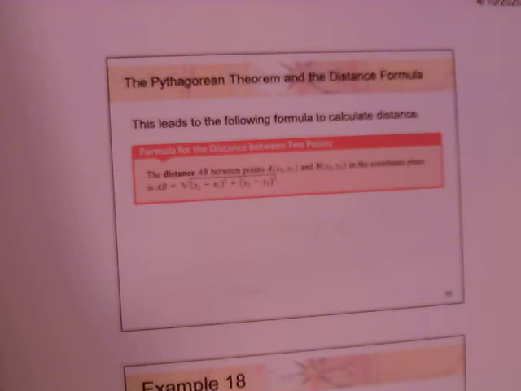The distance AB between points A, which is x1, y1, and B, x2, y2, in the coordinate plane, is this: AB is equal to the square root of x2 minus x1 quantity squared plus y2 minus y1 quantity squared. Okay, so that's how we find the distance between 2 points in a coordinate plane.